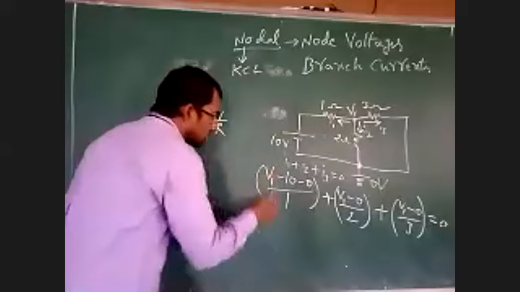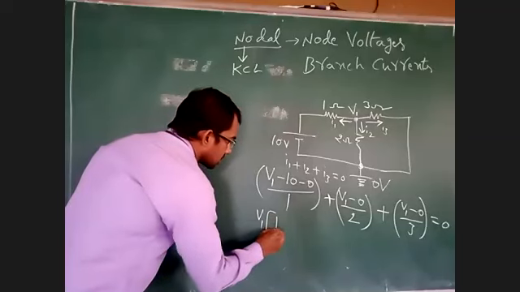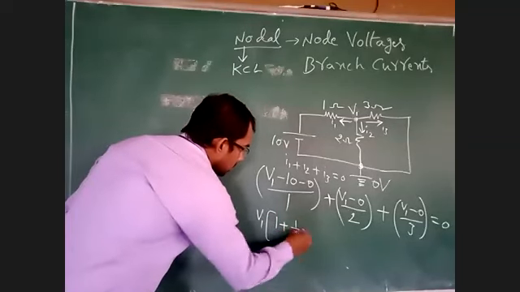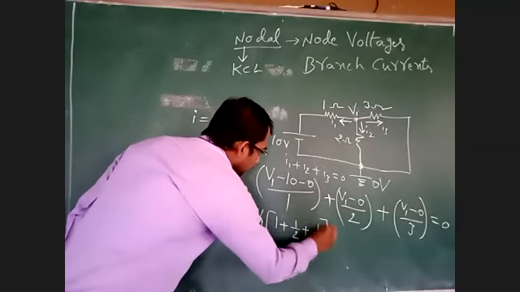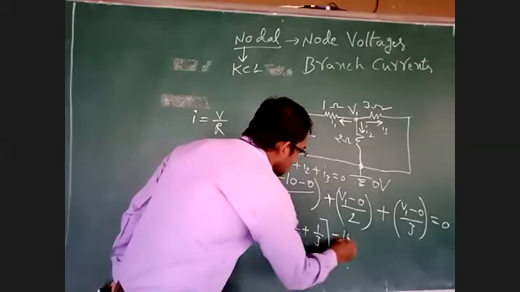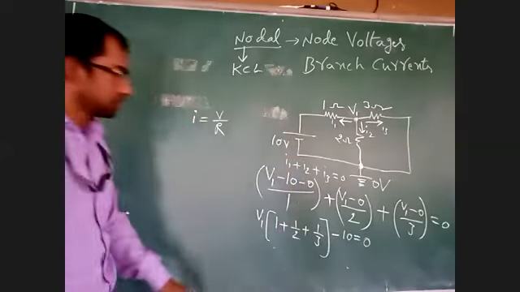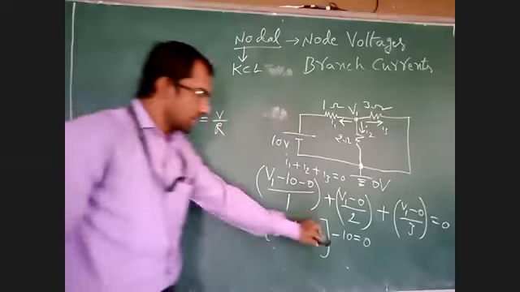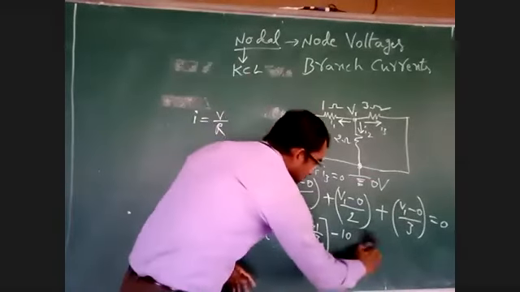Now take V1 common here. That is V1 times (1 plus 1 by 2 plus 1 by 3) minus 10 is equal to 0. Now bring this 10 to that side.